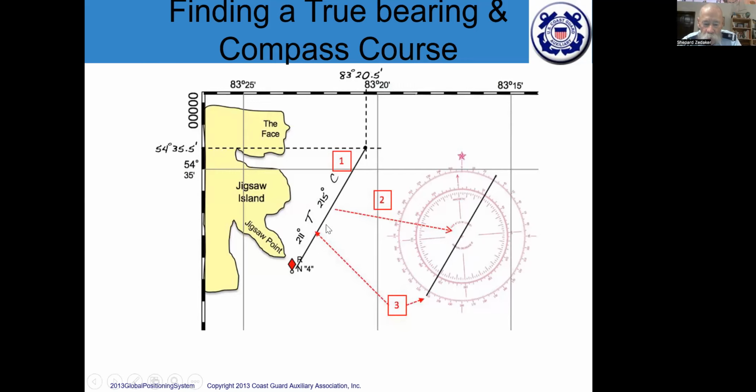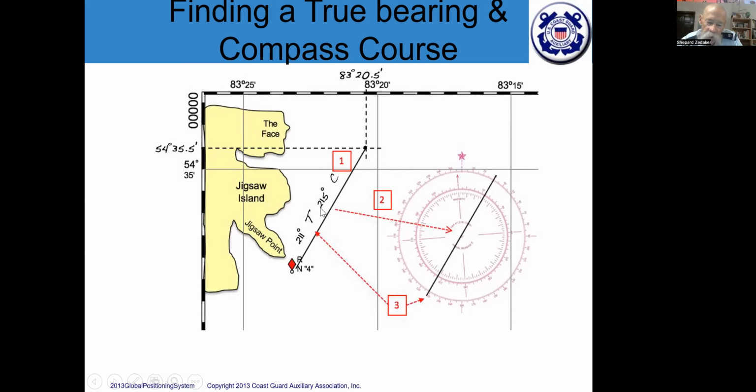We transferred this line over to this compass rose using our parallel rules, and we found that the true bearing is about 211. Also, because of variation, the difference between magnetic north and true north is about 4 degrees, so that's a compass heading of 215.